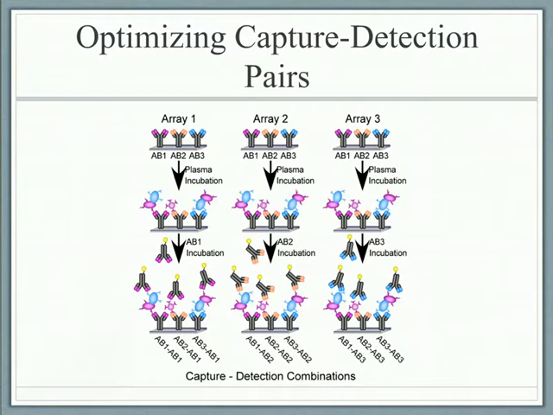They bind to the antibodies, and then each array gets detected with one of the antibodies. So array 1 was detected with antibody 1, array 2 was detected with antibody 2, array 3 with antibody 3. And then, as you can see, there are 9 different capture detection combinations at the bottom. And so then we can look at each combination and see which one gives the best performance.